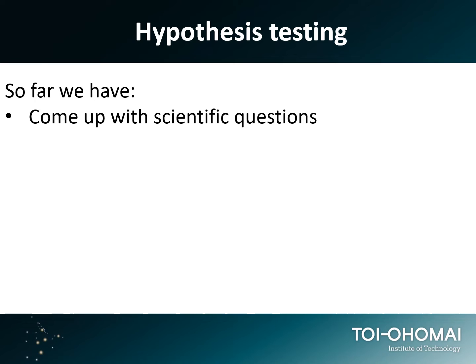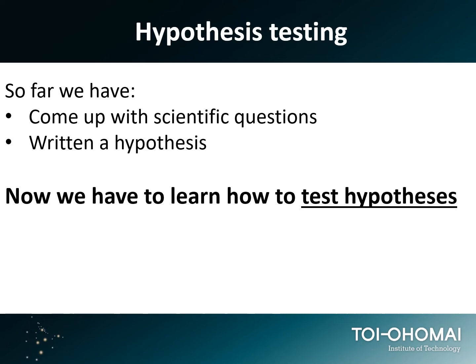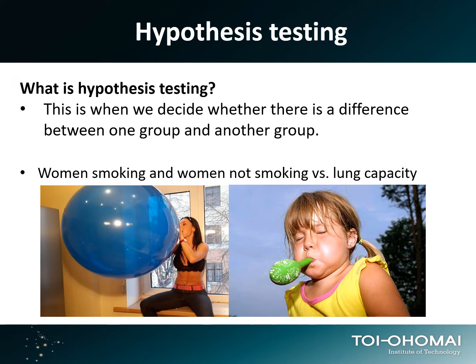So far we've come up with scientific questions, we've written hypotheses, and now we're at the part of the course where we're going to learn how to test those hypotheses. So what's hypothesis testing? You were thinking, oh, so I'm trying to decide if my hypothesis is true or not.